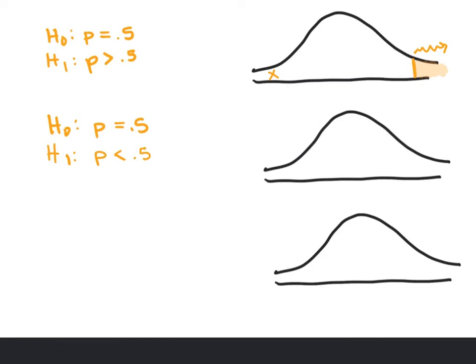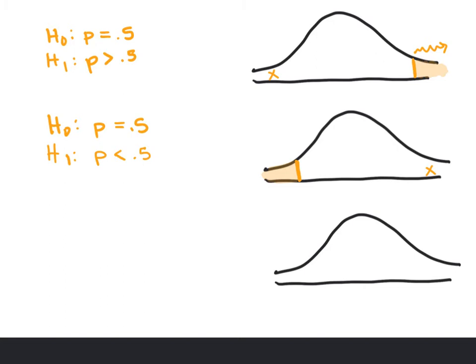In order for me to have the evidence that I need, I need evidence of it being significantly below 50%. If I end up with some value that's super high, like 90% of the time it landed on heads, well, that doesn't give me the evidence I need for this alternative hypothesis.